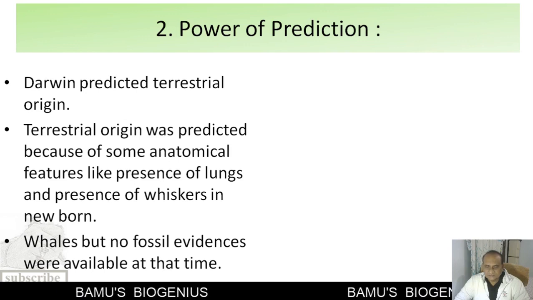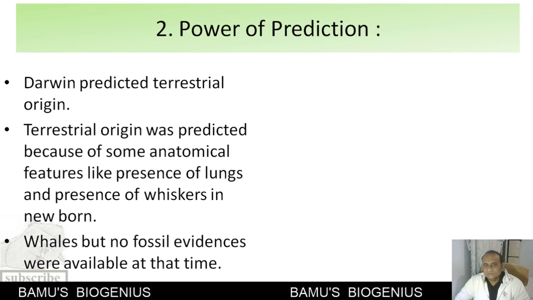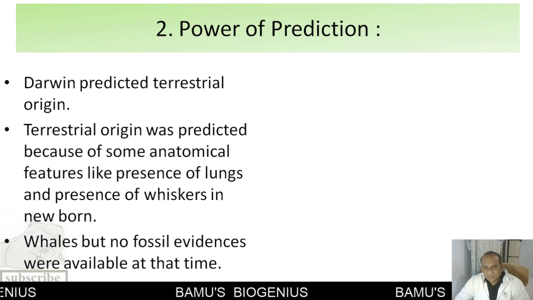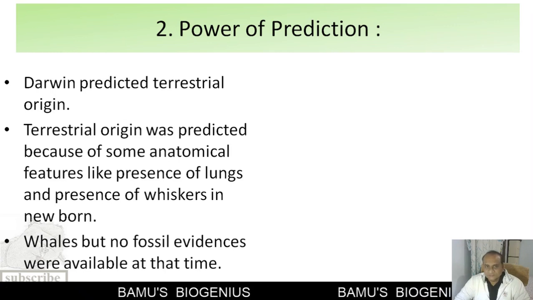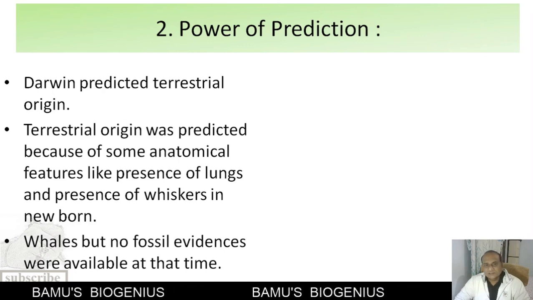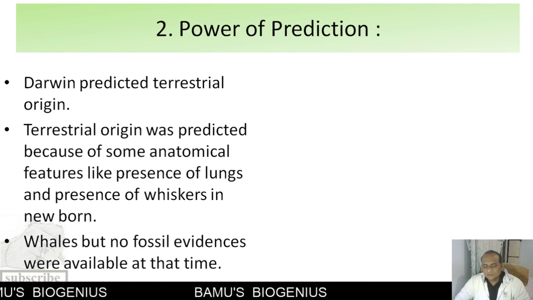Even some characters of terrestrial origin were present in whales, like the presence of lungs, whiskers on a young born, or the development of hind limbs in a fetus. All these were suggesting the terrestrial origin of whales, but because of the lack of fossil evidence, the origin of whales remained a mystery.